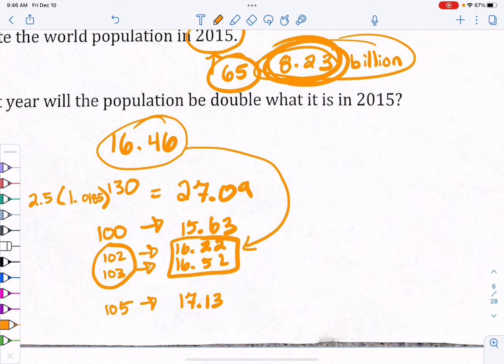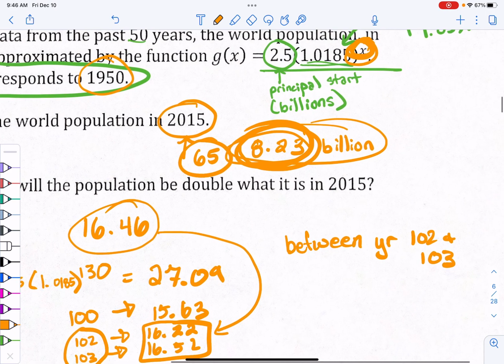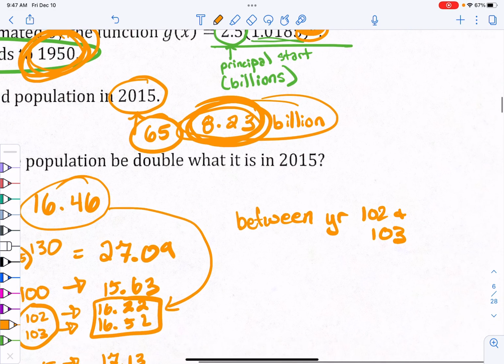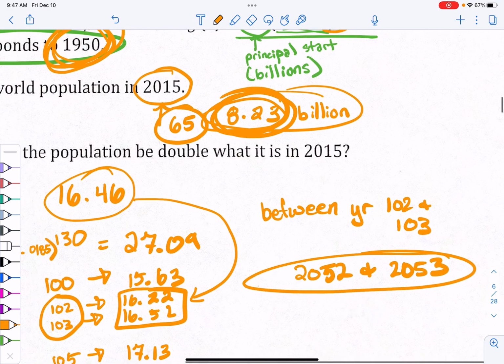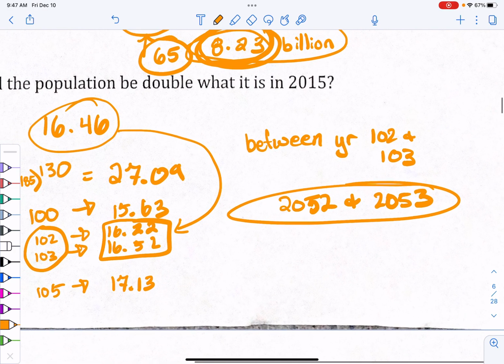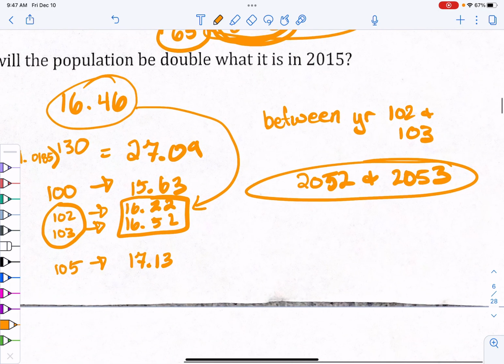So it's somewhere between year 102 and 103, which actually means if year 0 is 1950, year 102 would be 2052 and 103 would be 2053. So somewhere between 2052 and 2053, maybe like July of that year, is when we would break the 16.46 billion number according to this model.